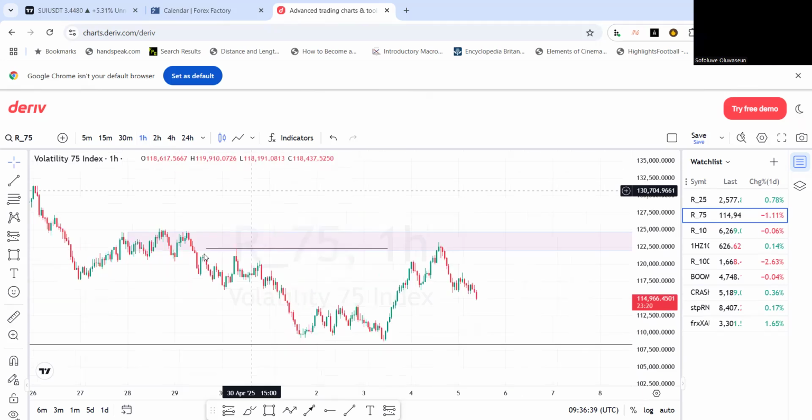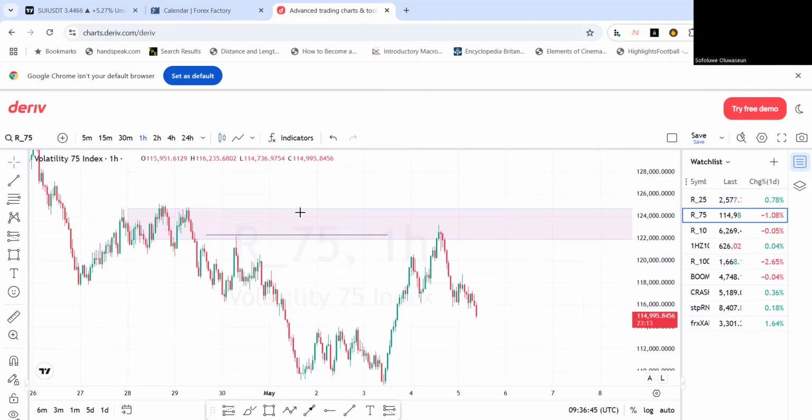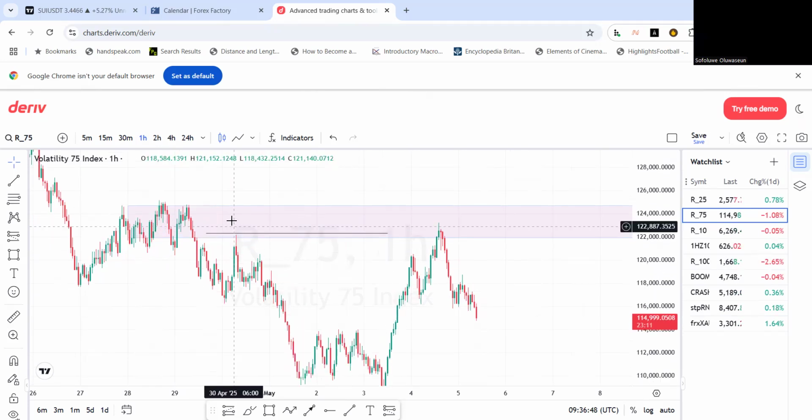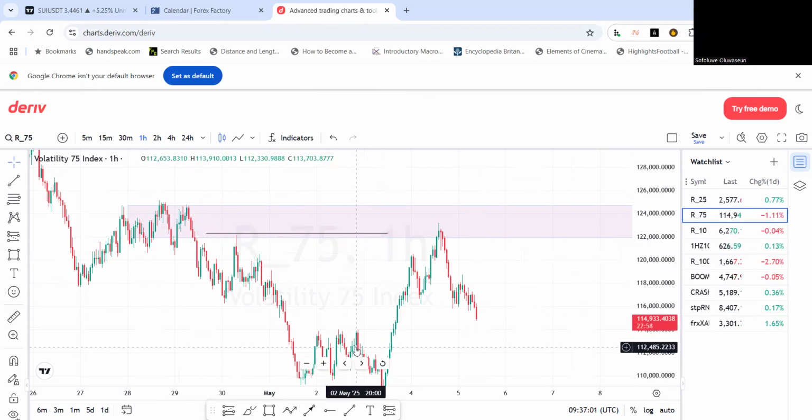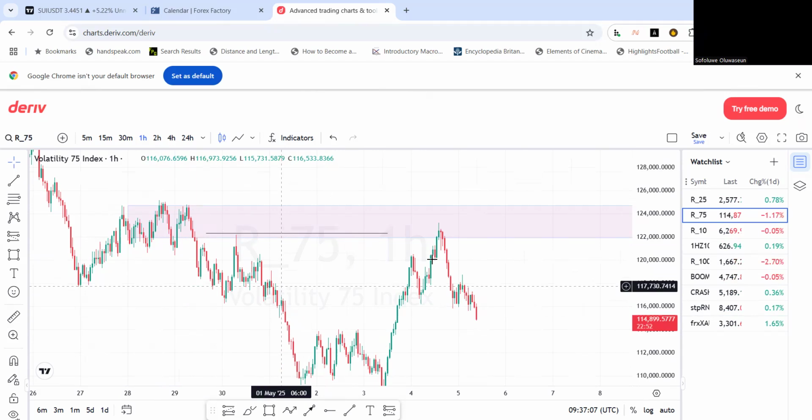Yes, so price tapped. Okay, it wasn't an imbalance. It's an open close point above the liquidity. So it's another form of entry also. So that was the best entry.